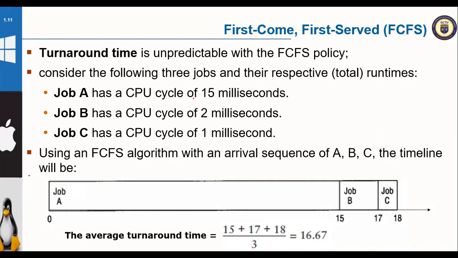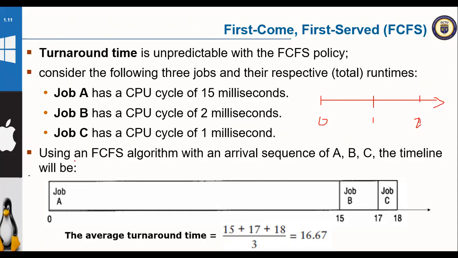Job A has 15 CPU cycles. Job B has 2 CPU cycles. Job C has 1 CPU cycle. That means when the CPU executes, the timeline that I always draw from 0 to 1 is 1 CPU cycle. 0 to 2 is 2 CPU cycles.